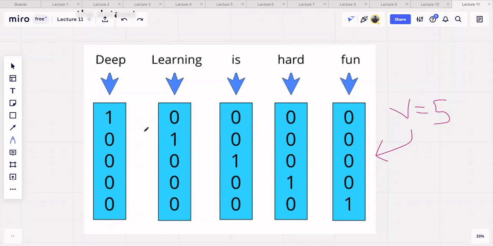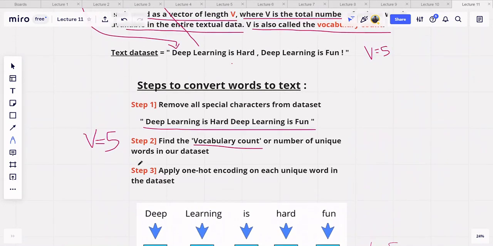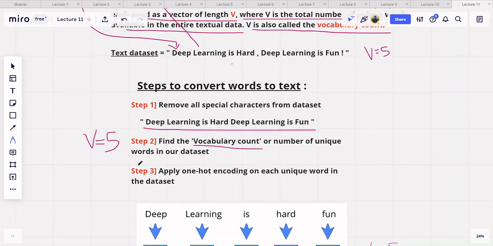Also, since we have five unique values, our vector length is 5. So keep this in mind. This is how we convert words into vectors, or into numerical format.